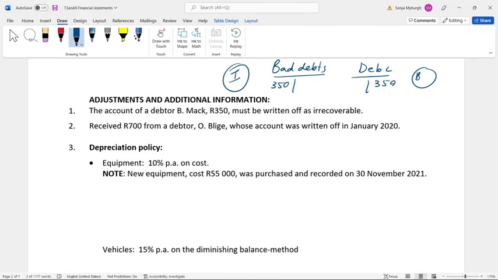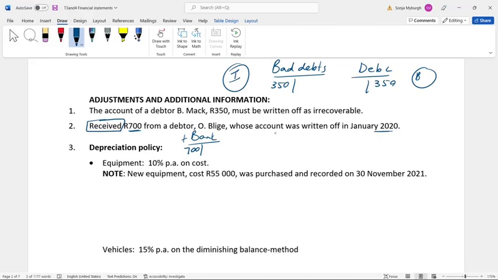The second one, received 700 Rand, we received money, therefore bank will be debited. From a debtor whose account was written off, previous year, written off. Now we receive money. We debit bank, but we are not going to credit the debtor because that debtor does not exist anymore.